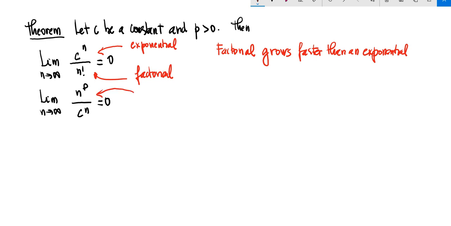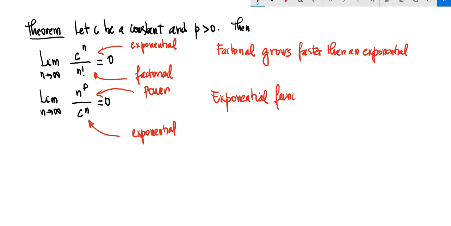Similarly, you can see that the numerator of the second sequence is a power, it's n power p, and the denominator is an exponential. And it is a fact that an exponential function grows faster than a power function, and as a result this sequence here will converge to 0.